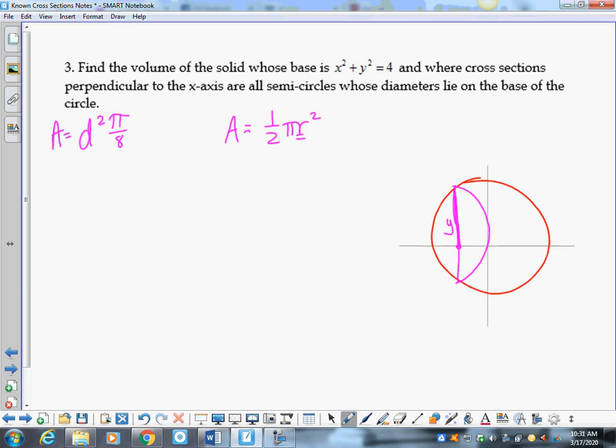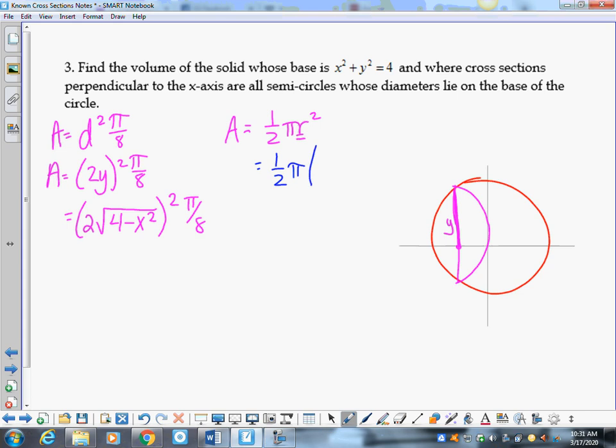So if I were to start this one, this would be 2y squared pi over 8, which would be 2 times root 4 minus x squared, squared, pi over 8. This one would be 1/2 pi, which could all be brought out front, and then my radius, which is just y squared. So 1/2 pi root 4 minus x squared, squared.